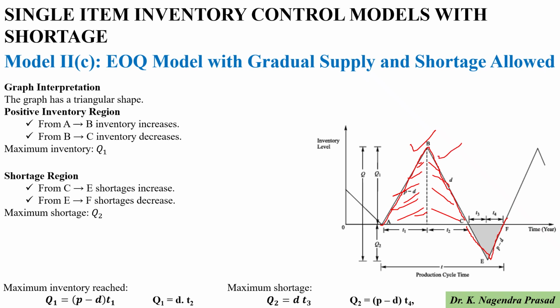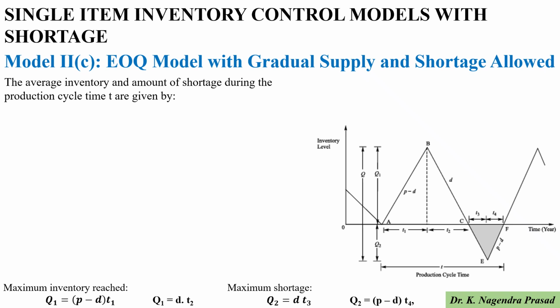So triangle ABC is the positive inventory region and the maximum inventory is Q1. Next is the other triangle CEF. Here from C to E, shortage increases, and from E to F, shortage decreases, and the maximum shortage is Q2.